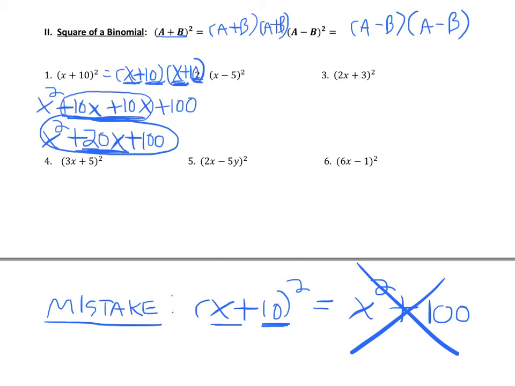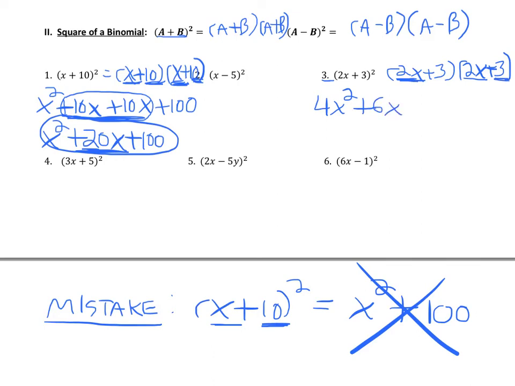Let's do number 3. This just means we have 2x plus 3 times another 2x plus 3. I'm just going to FOIL it out. When I multiply the first terms, 2x times 2x is 4x squared. The outer terms, 2x times 3, give positive 6x.